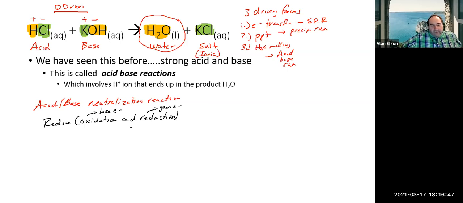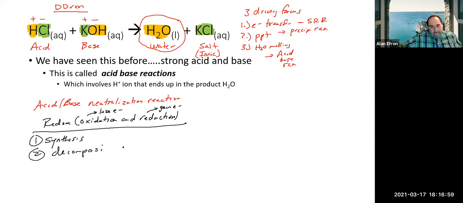And underneath that big umbrella, we have things like synthesis reactions, decomposition reactions, and single replacement reactions. The other really big umbrella is our double displacement reactions.